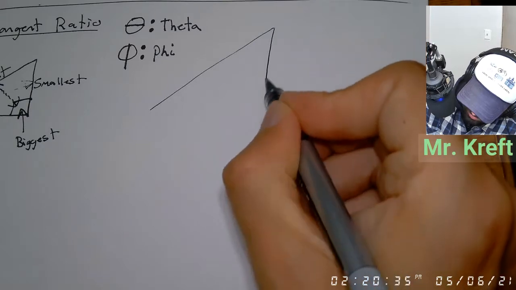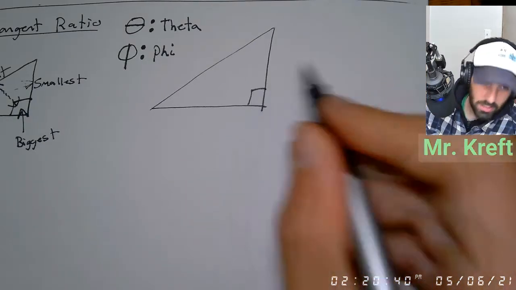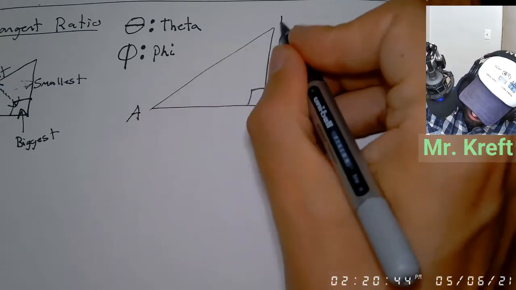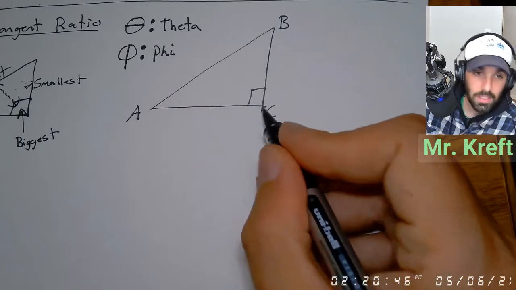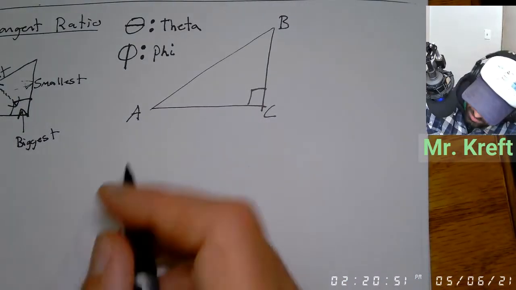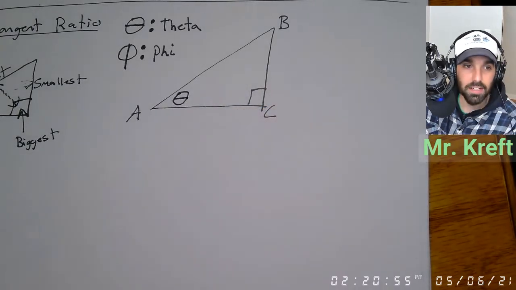So I'm going to make a different right triangle, and I'm going to explain this relationship. Let's say I have triangle ABC, where C is the 90-degree angle. Then I'm going to call angle A theta.